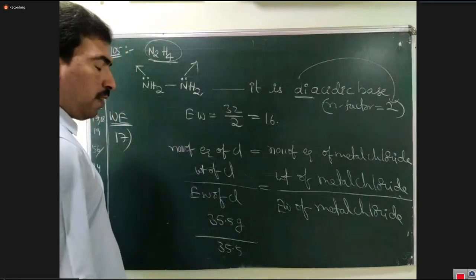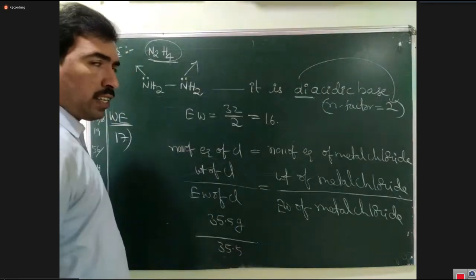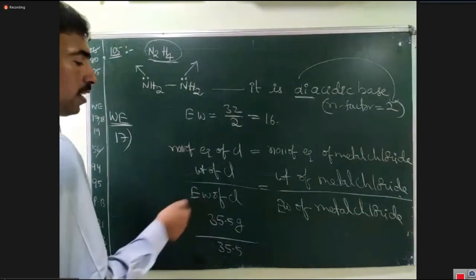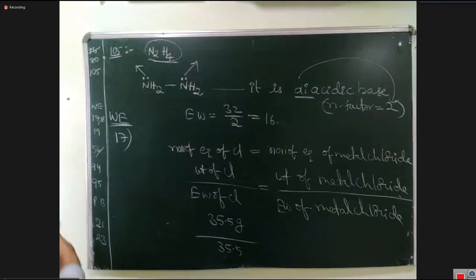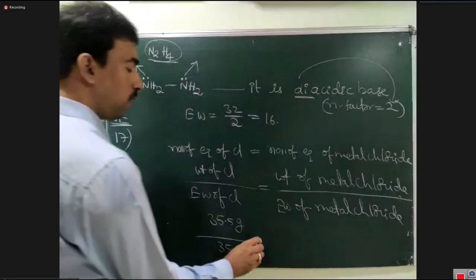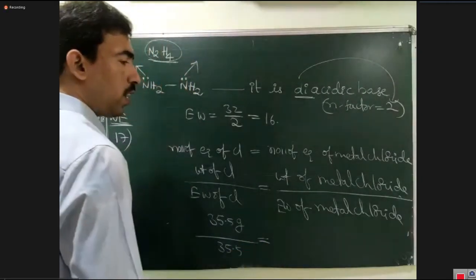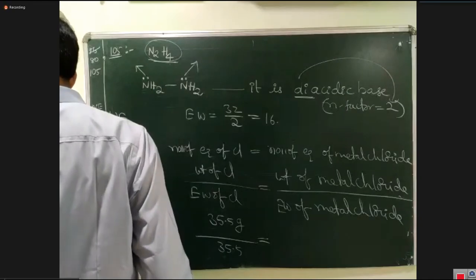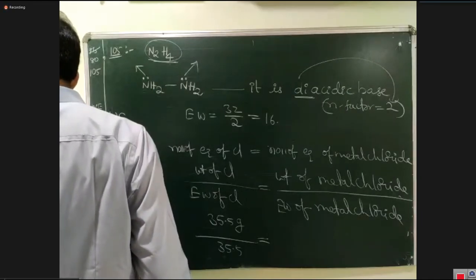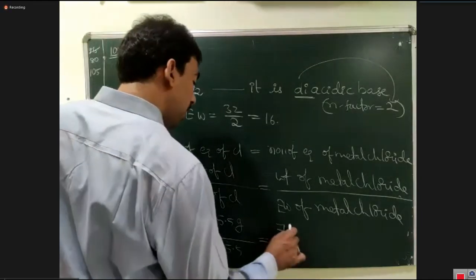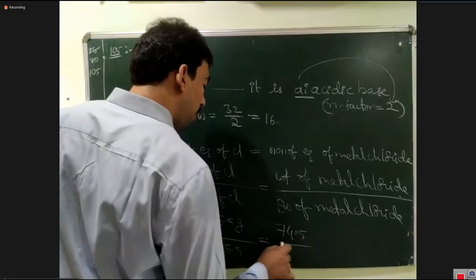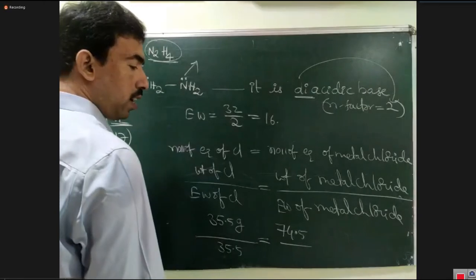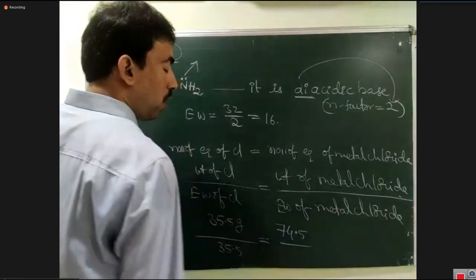Atomic weight is 35.5, and the valency factor for chlorine to form a compound is 1. So 35.5 by 35.5 is equal to weight of metal chloride, 74.5 grams given, by equivalent weight of metal chloride.